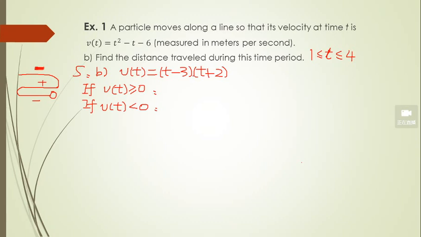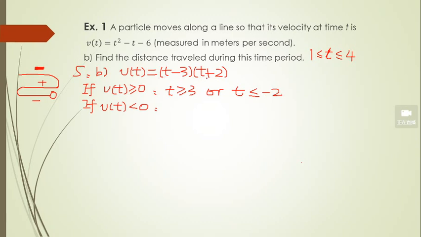Both terms should be positive, so t should be greater than 3, right? When t is greater than 3, this is positive, so we get velocity is positive. Or t is less than minus 2, negative.